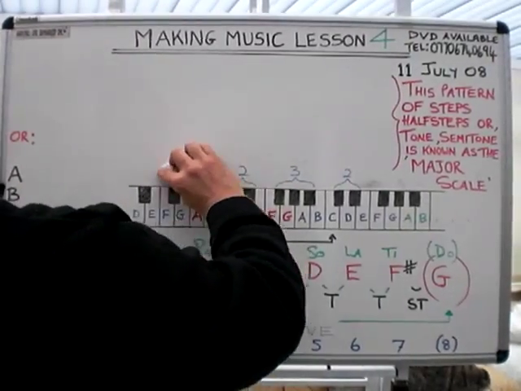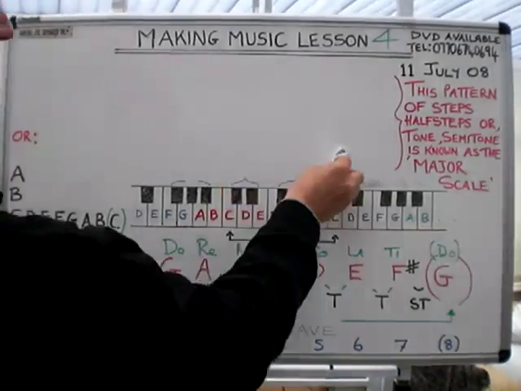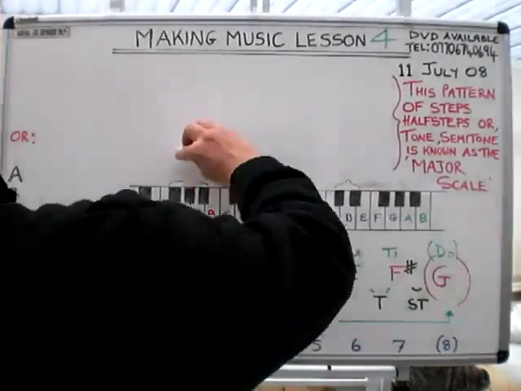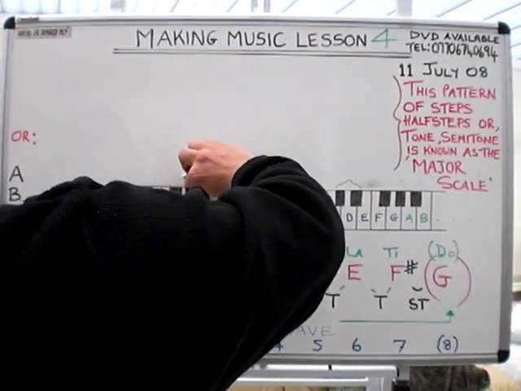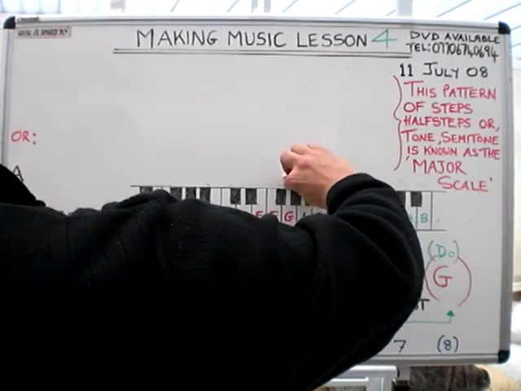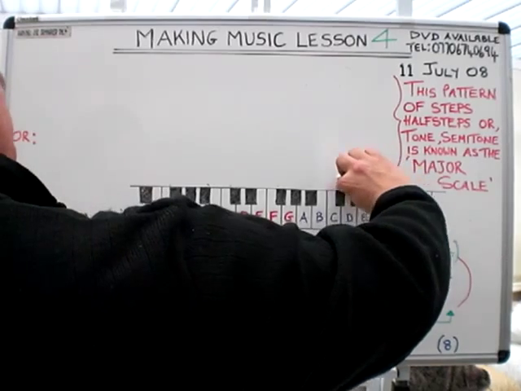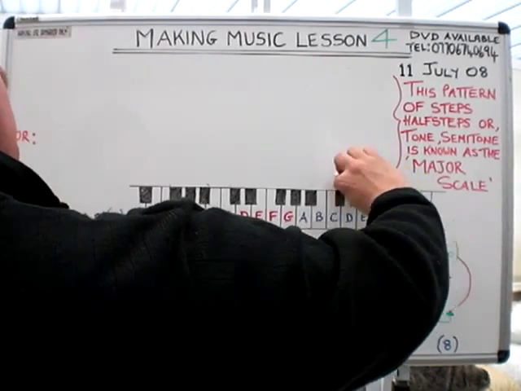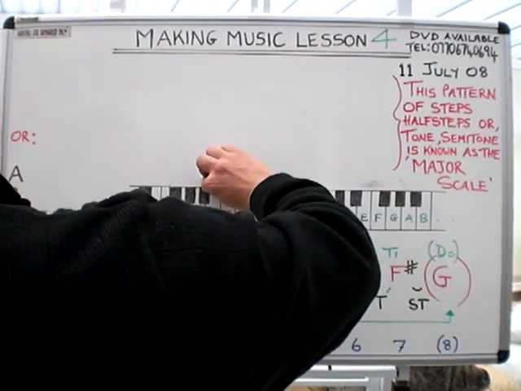We can get rid of these as well. We can see the pattern is 3, 2, 2, 2. Let's see if I can get it without destroying the keyboard picture. Okay, that's good enough.